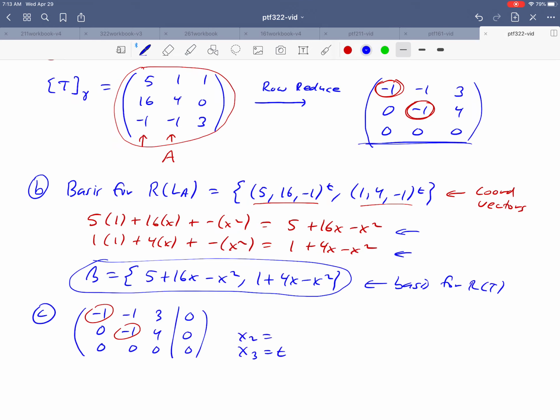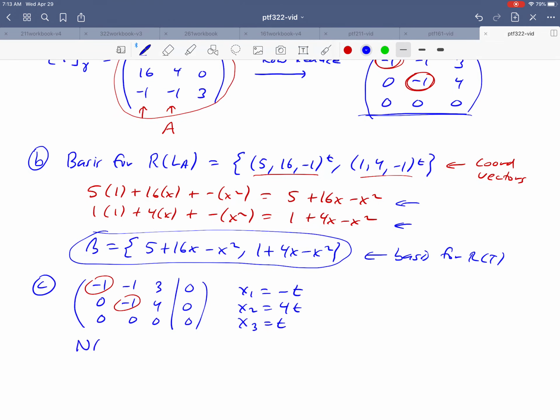All right, and if you take that and solve that for x2, it looks like we're going to get 4t. Okay, and let's see, what would x1 turn out to be? Well, you can confirm my algebra here. x1 should turn out to just be negative t in this case.